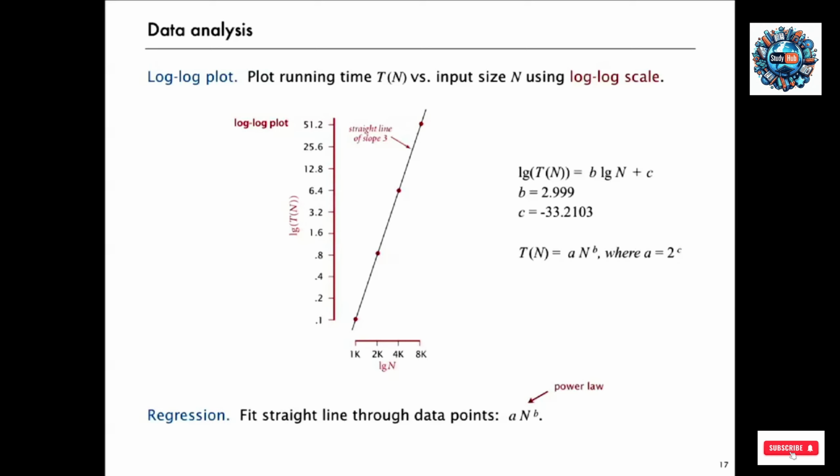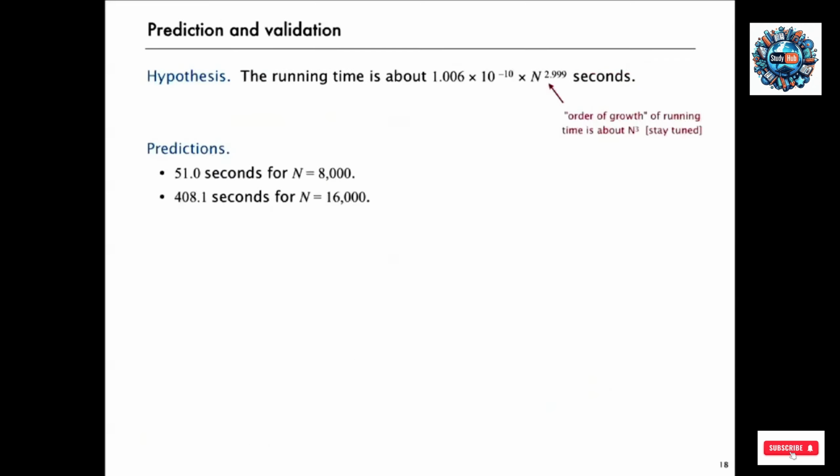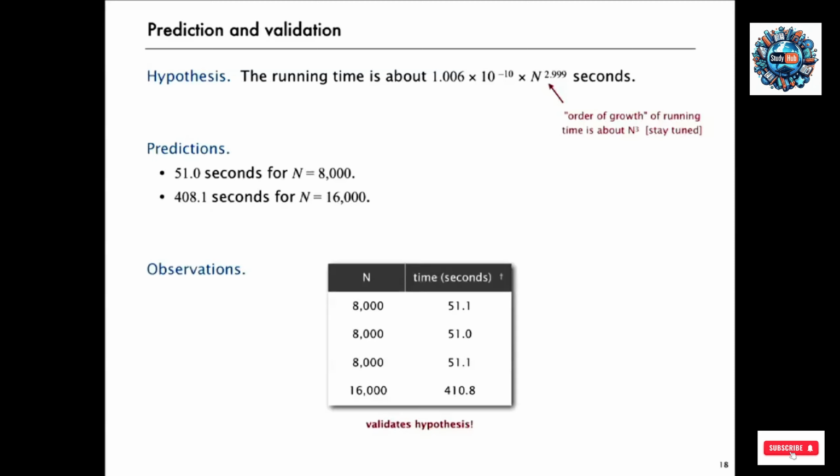Right away, just from observation, we have a pretty good model for the running time of our program. We can do the math and figure out that it seems as though the running time is about 10 to the minus 10 times n cubed seconds. And we can use that hypothesis to go ahead and make predictions. Just plug in for different values of n, and it says it ought to take us 400 seconds for 16,000.